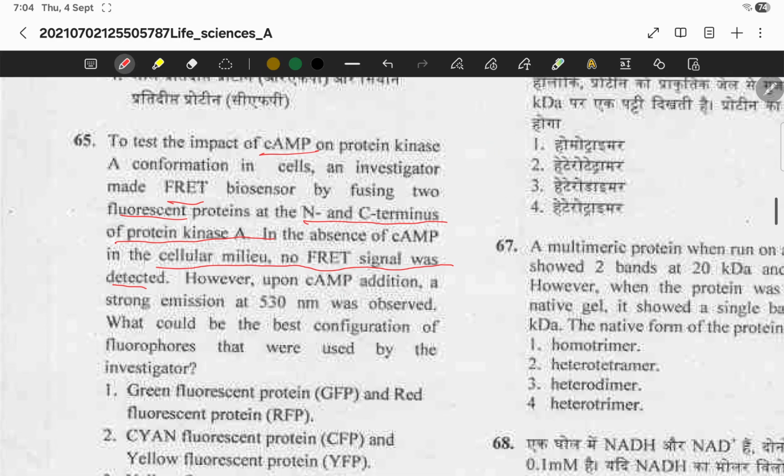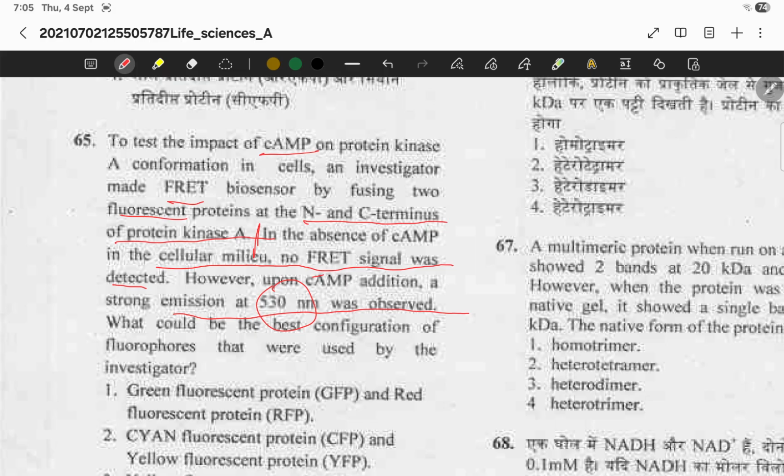However, upon cAMP addition, a strong emission was observed.